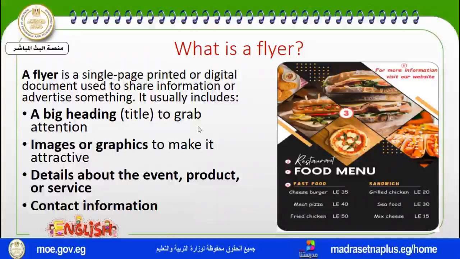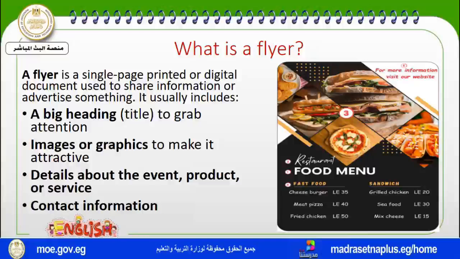But if it is printed or electronic, it should have these things. It should have a big heading, a big title to attract your attention. It should have a picture, some images or graphics to make it interactive. And look what's inside.